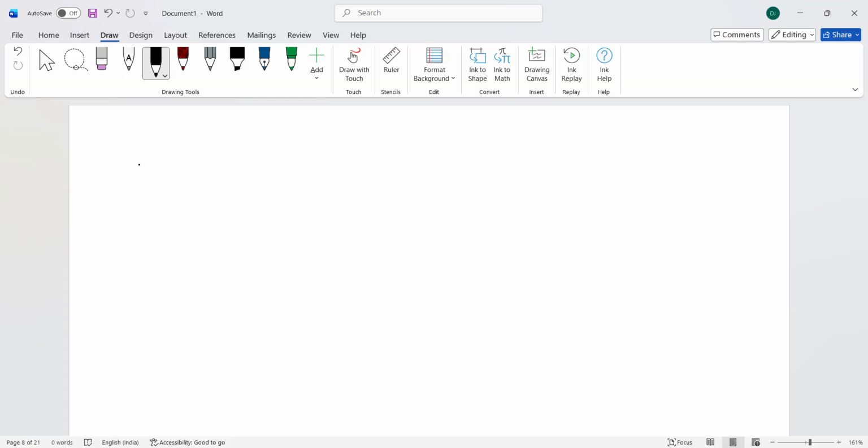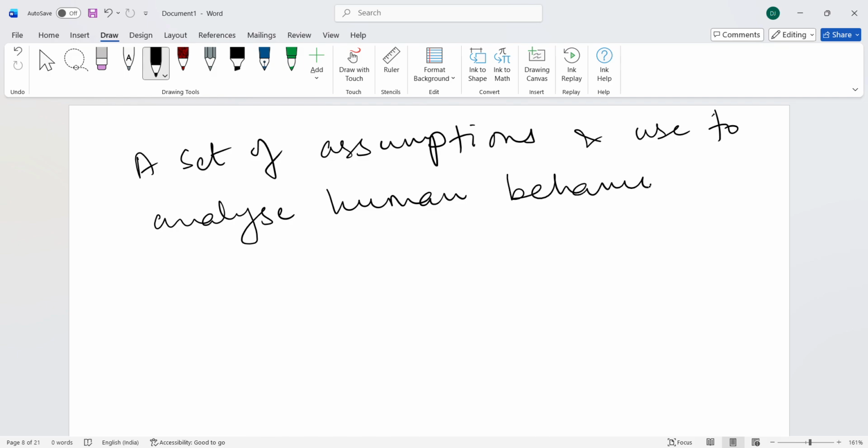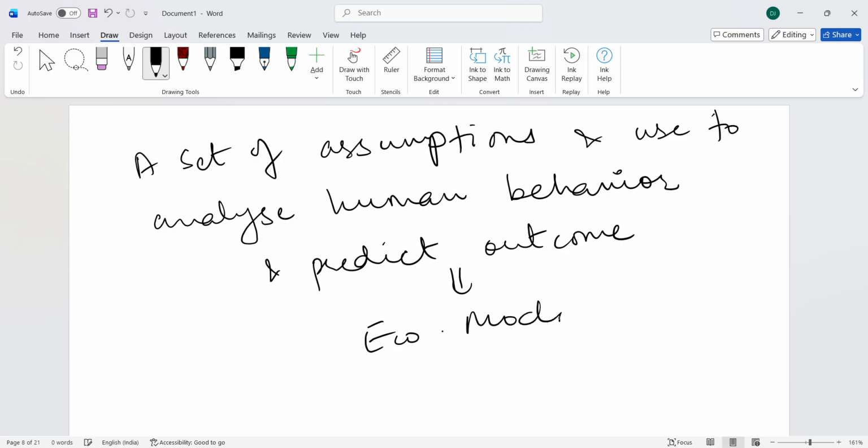All right. This is a set of assumptions that we take and use to analyze human behavior and predict outcomes. That is what an economic model is.